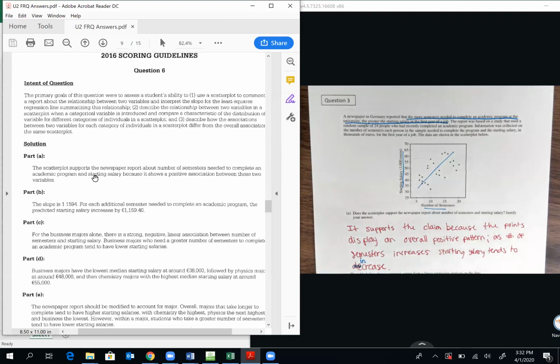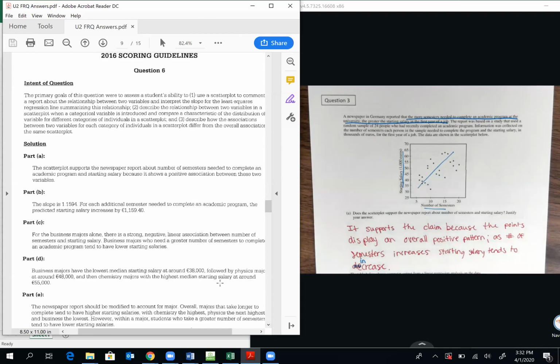And then they wrote, the scatter plot supports the newspaper report about number of semesters needed to complete an academic program and starting salary because it shows a positive association between the two variables. So I described what positive was. They just said positive, but you never know how much or little you can get away with.